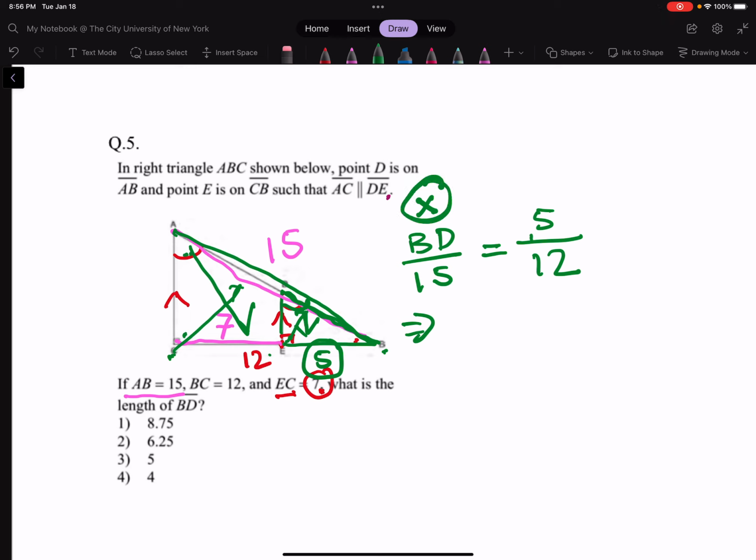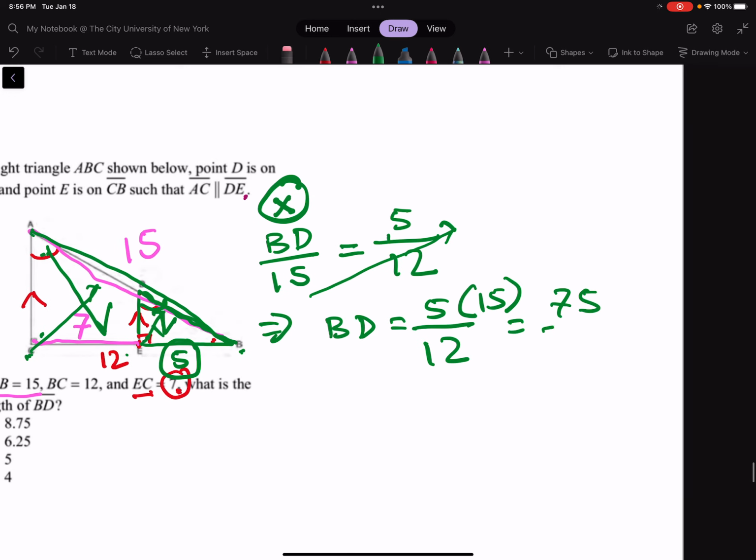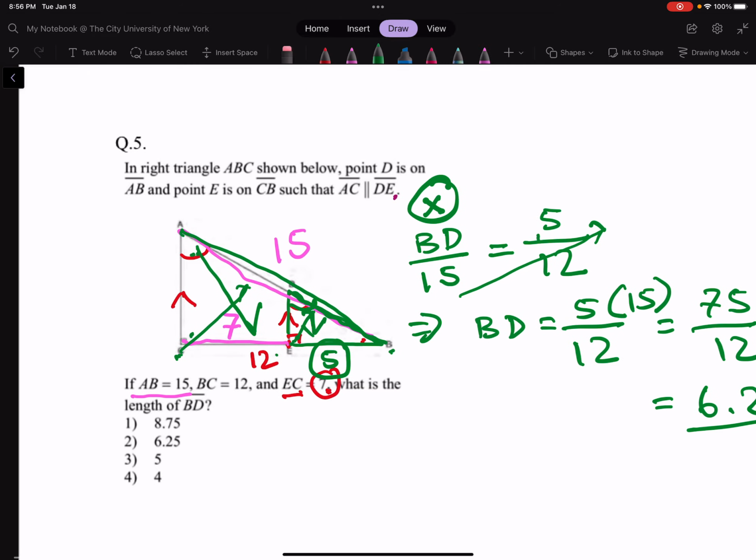Okay, so you can cross multiply this one. So BD is 5 over 12 multiplied with 15. So 75 over 12. Once you divide them, put it in your calculator, you should be getting 6.25.